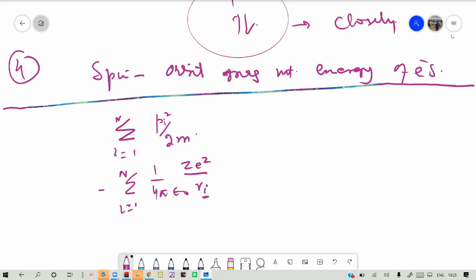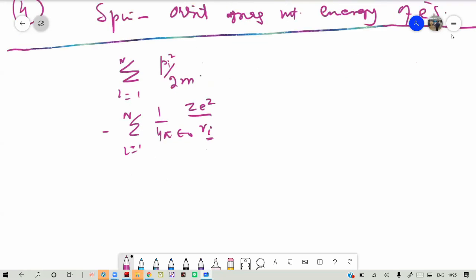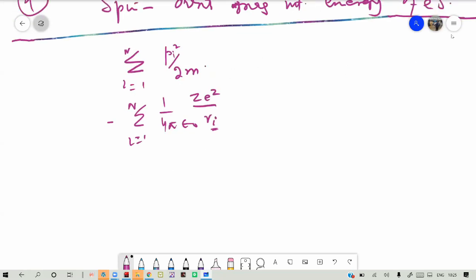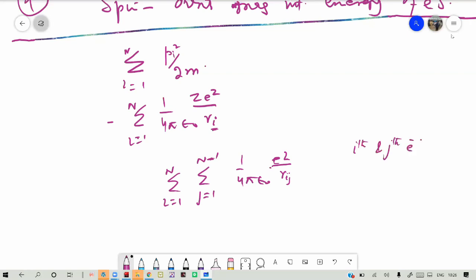And then there's a mutual electrostatic energy between electron and electron. I can write it as a summation over i and j, and this is a repulsive potential, e squared by r_ij, where r_ij is the distance between the ith and the jth electron, because this is a mutual interaction.